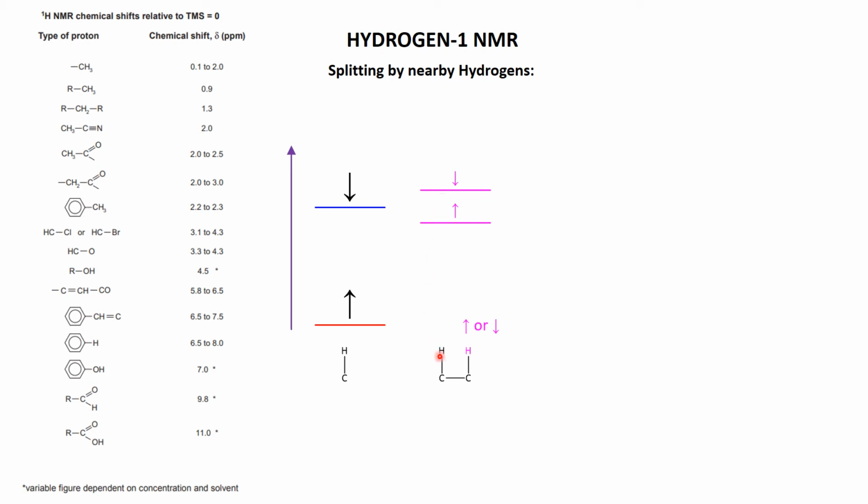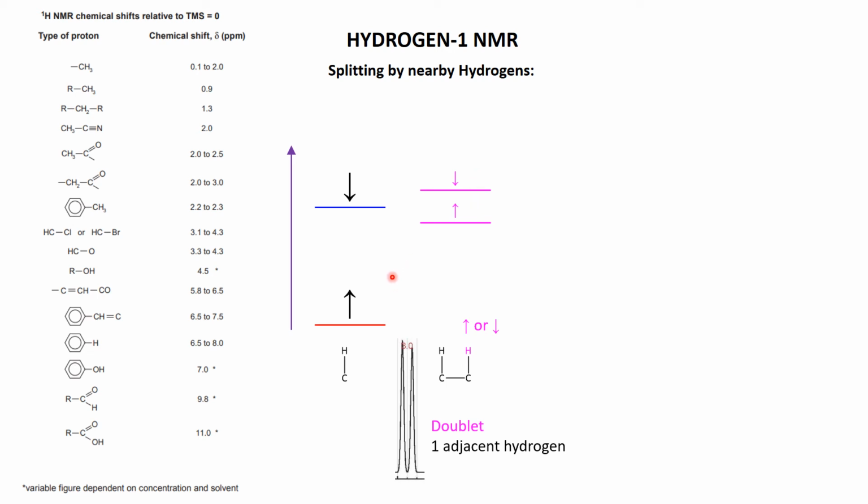So what we would see here for this proton, because it's got one adjacent proton, is a doublet. You'd have the jump up to the lower frequency, that's that one there, or the jump to a higher frequency, that one there. Okay, so you get a so-called doublet when you have one adjacent hydrogen, because that one adjacent hydrogen provides two possible options. Is that adjacent hydrogen with the field or against the field?